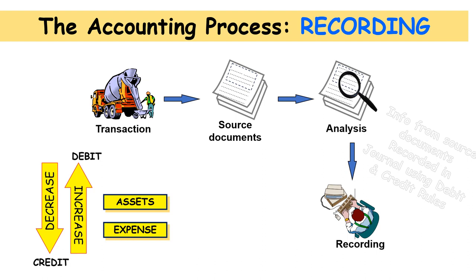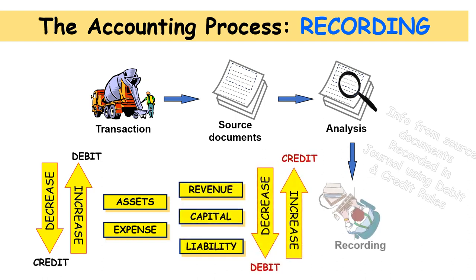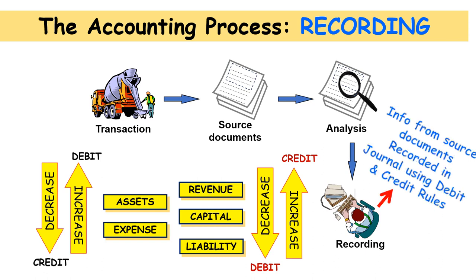Then the accountant will have to record that. So recording is the step that we will be focusing on. By analyzing the source document, the accountant will then record the transaction in the journal using debit and credit rules.